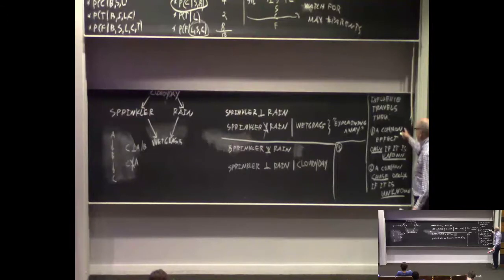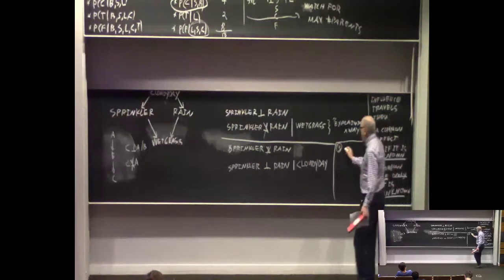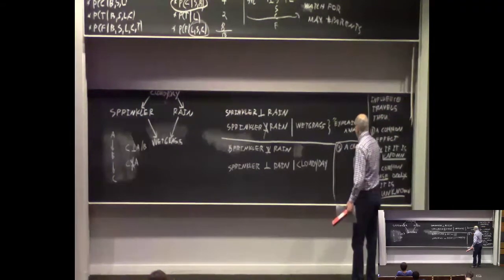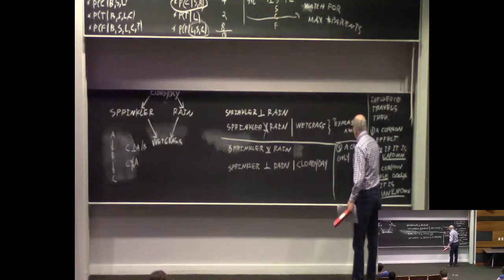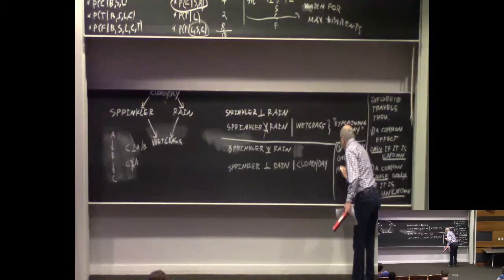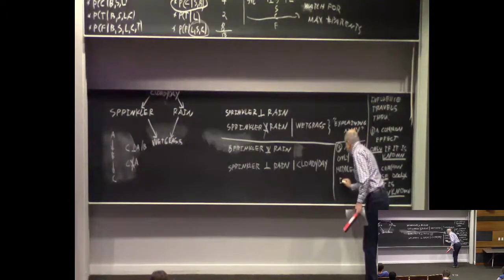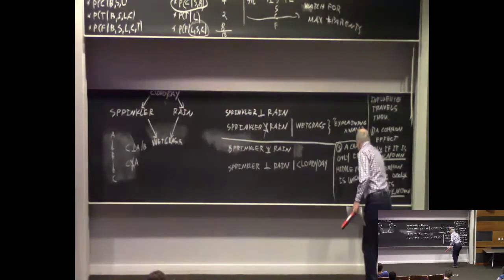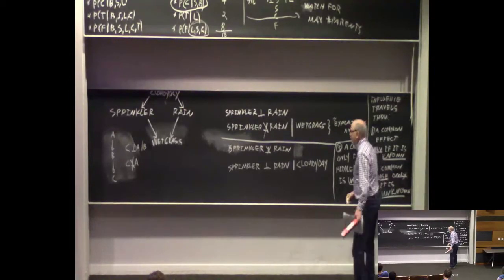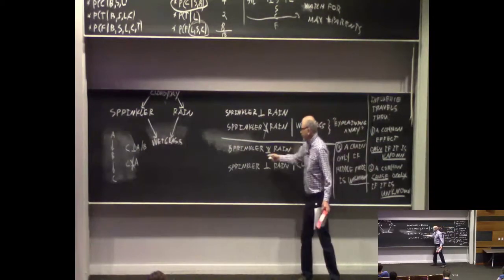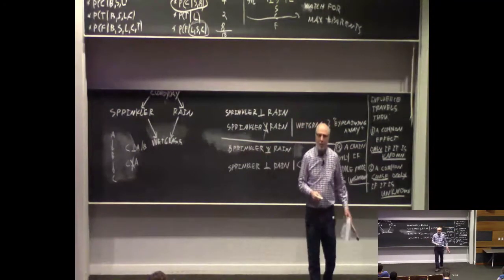Influence travels through a common effect under these conditions, a common cause under these conditions, and a chain only if the middle node is unknown. If it's unknown, so we're here, then they're not independent, influence travels through.